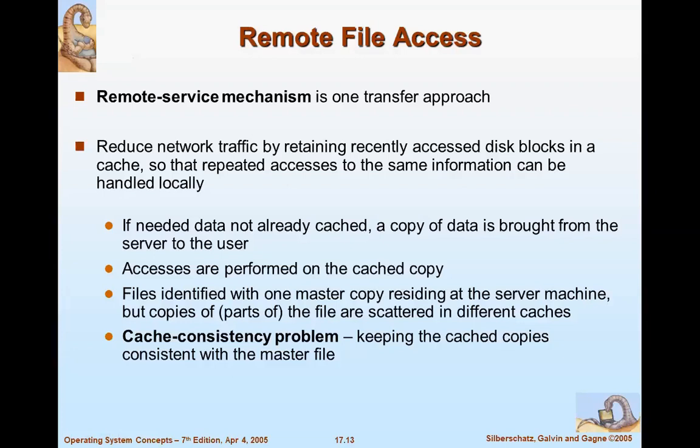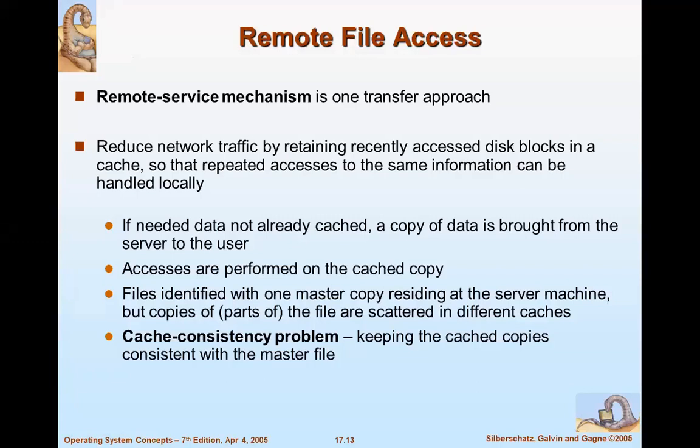If needed data is not already cached, a copy of data is brought from the server to the user, and accesses are performed on the cached copy. Look at this, the accesses are actually the operations as well. Like you are reading, you are writing, you are editing, you are executing, you are modifying, even you are deleting.